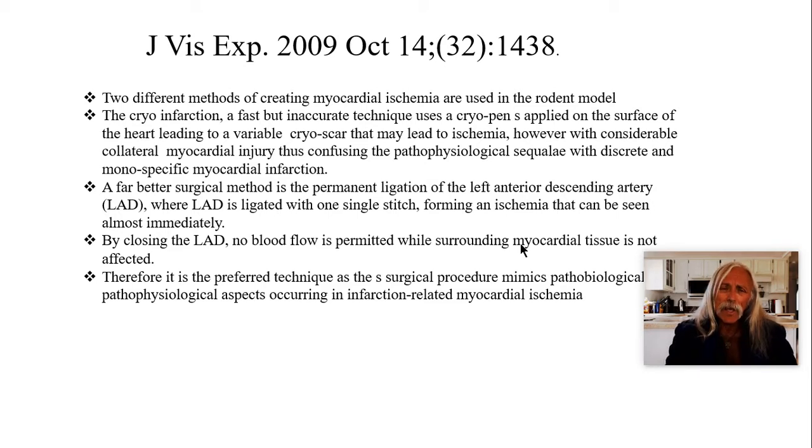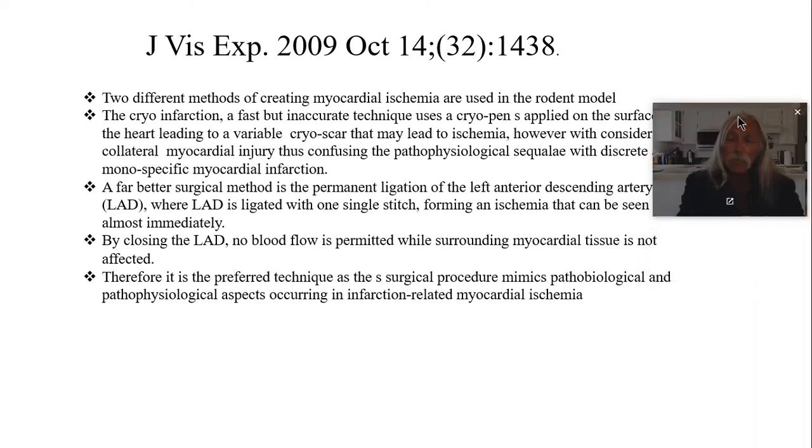By closing the LAD, no blood flow is permitted, while surrounding myocardial tissue is not affected. That's the reason why it's a better technique. Therefore, it's the preferred technique as the surgical procedure mimics pathobiological and pathophysiological aspects occurring in an infarction-related myocardial ischemia.